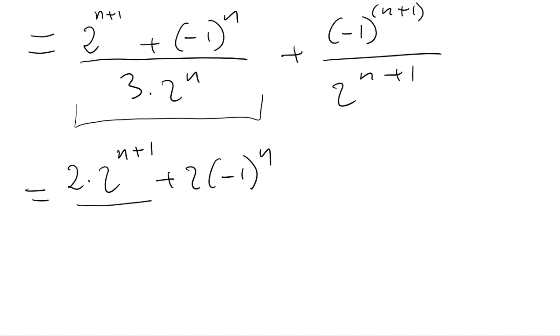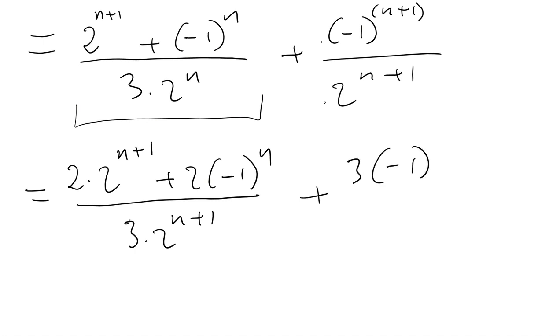and because I multiplied that, this is going to be 3 times 2^(n+1), right? And then plus, here I multiply the bottom part by 3 and the top part by 3, so I get 3 times (-1)^(n+1) over 3 times 2^(n+1).